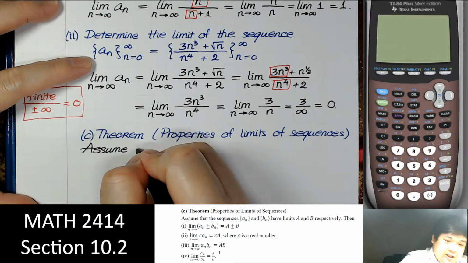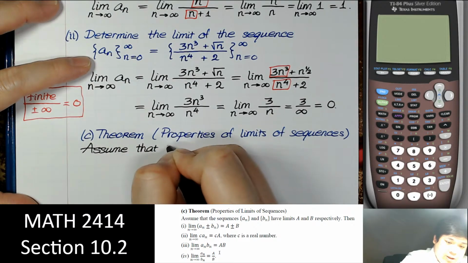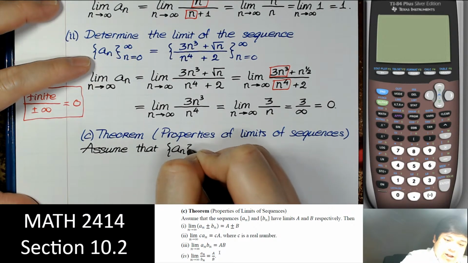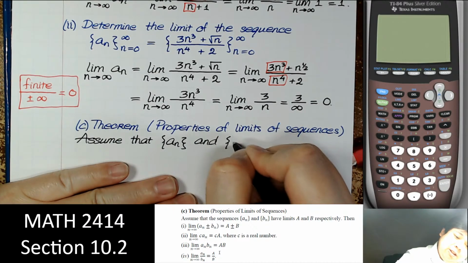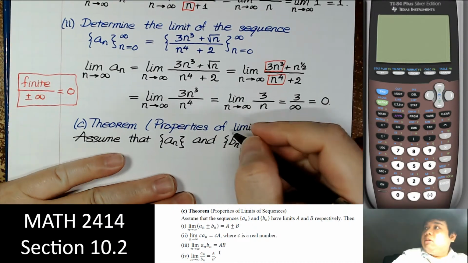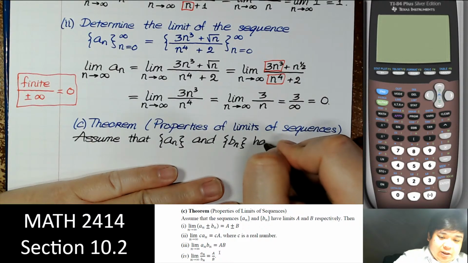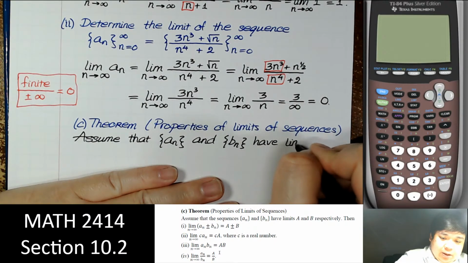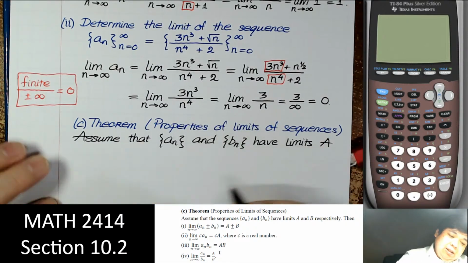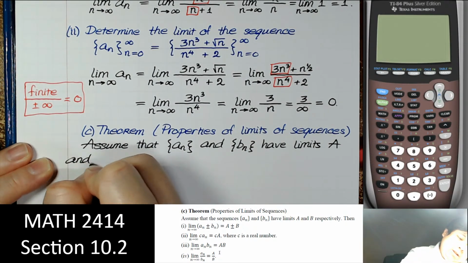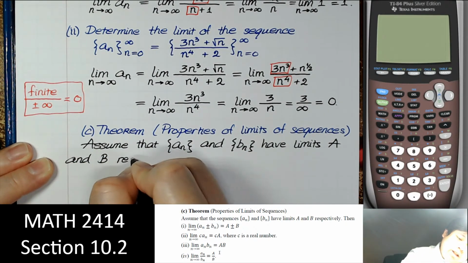Assume that the sequences a sub n and b sub n have limits a and b respectively.